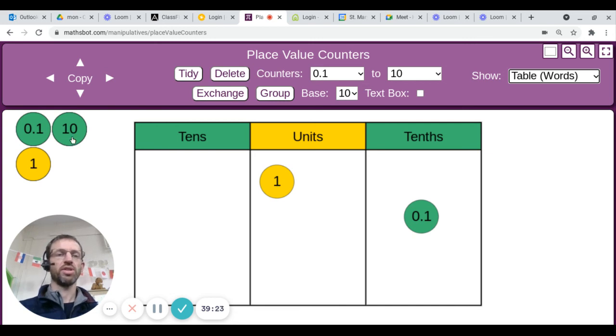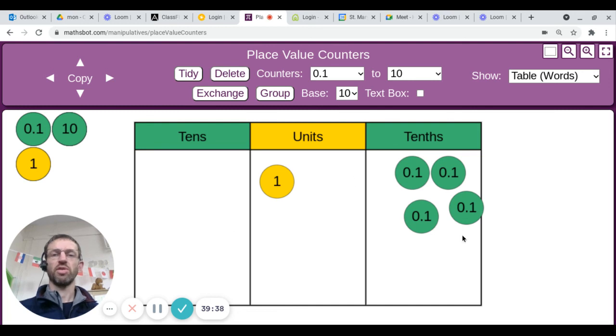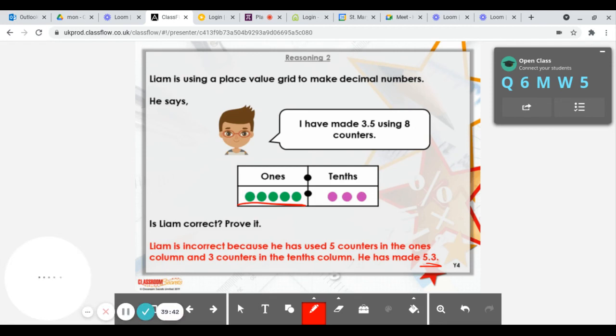So you can actually make up the numbers with different things. If I've just dragged a tenth into there as well, I think I can copy another. Yeah, drag them in as well. So making numbers here to help you solve the puzzles. So for example, I've made 1.4 there. Using those could really help you solve this sort of thing.